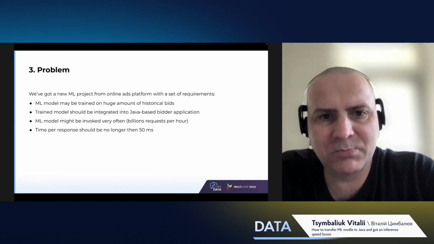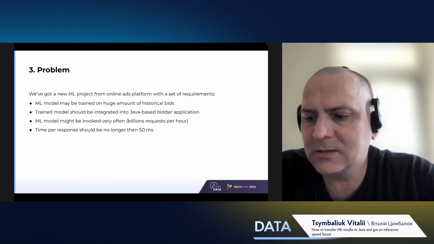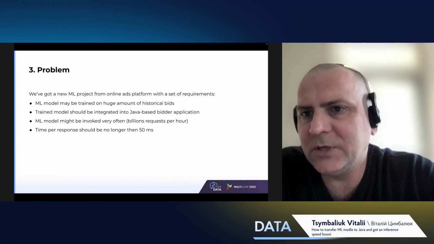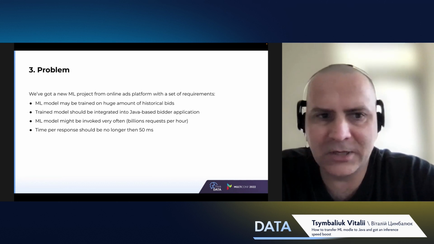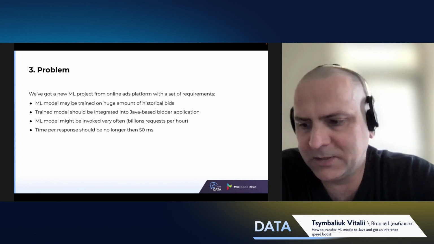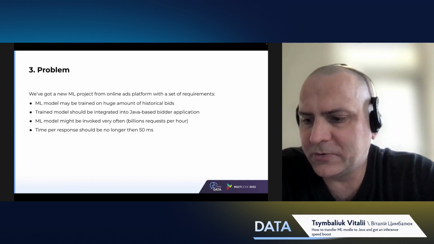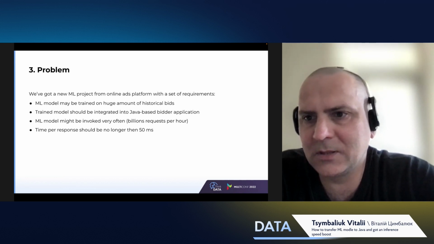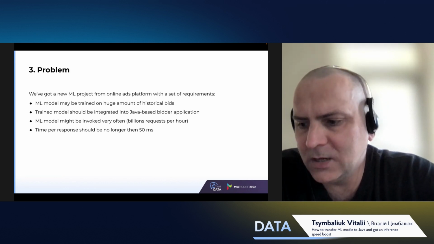So every new data science project always has something new, some new features that you never worked with before, that you should start solving in this particular project. So we've got a new project that works with an online ads platform.